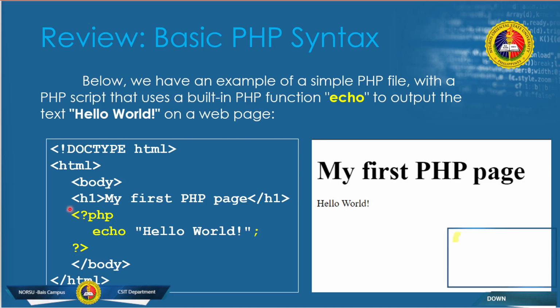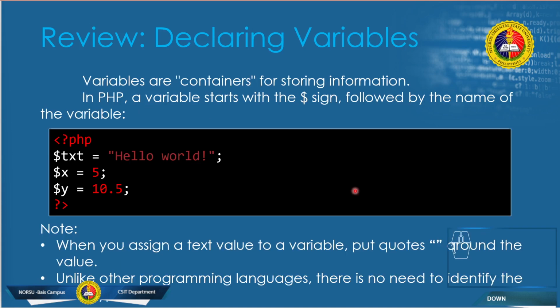This is the only PHP script here. It starts with the opening tag and then a closing tag. The rest would be HTML. So remember, to make PHP easy to design, it should be written inside an HTML file. That's why we have a basic HTML structure and then the PHP is inside. And this should be the output.